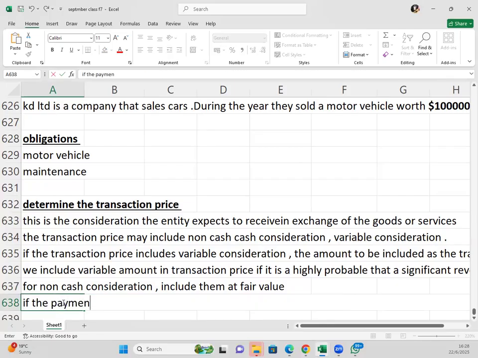If the payment is deferred, meaning some of it is going to be made at a later date, take into account the time value of money.